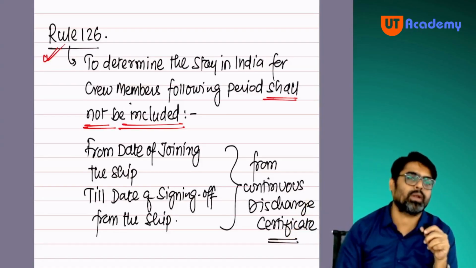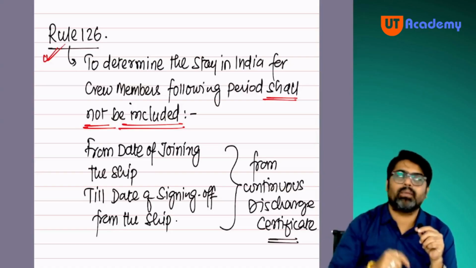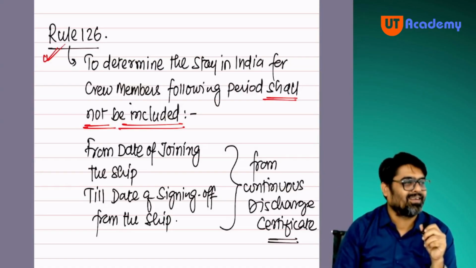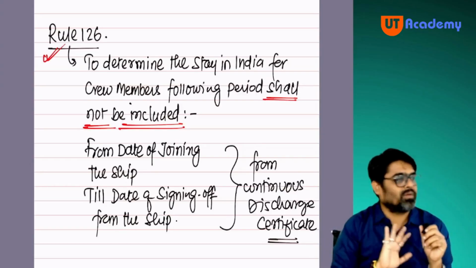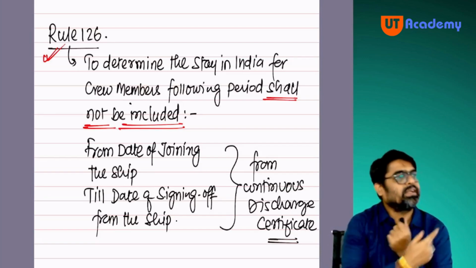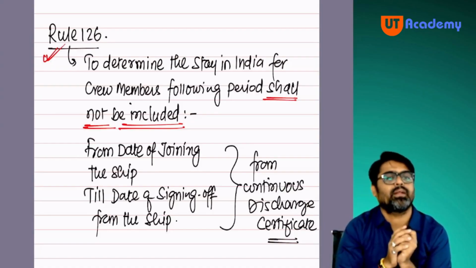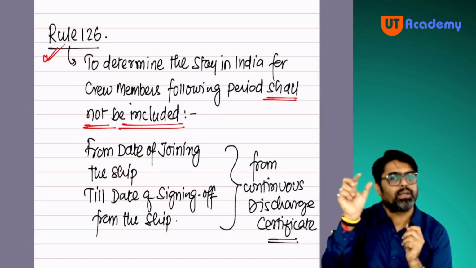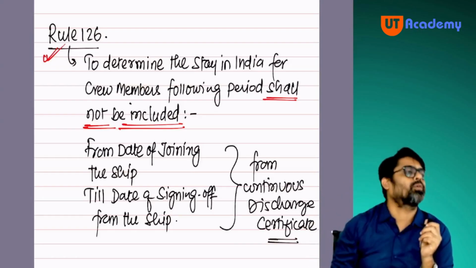That certificate is known as the continuous discharge certificate. Date of joining will not be taken on what you say. Date of joining and date of signing off will not be what you tell us. No. Show us that certificate in which these dates are written. So these dates will be taken from that certificate only. What is that certificate? Continuous discharge certificate. That certificate is usually issued by the shipping company to these types of crew members.